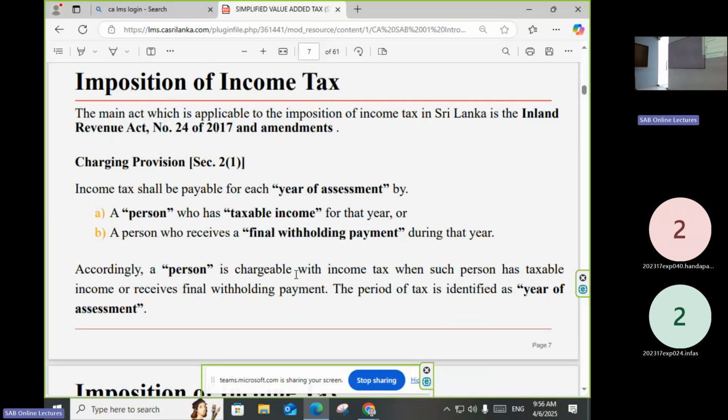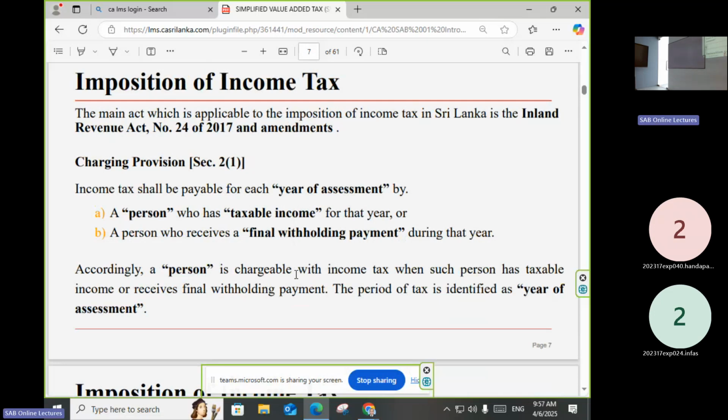Income tax shall be payable for the year of assessment by a person who has a taxable income for that particular year of assessment, or a person who receives a final withholding payment during the year.